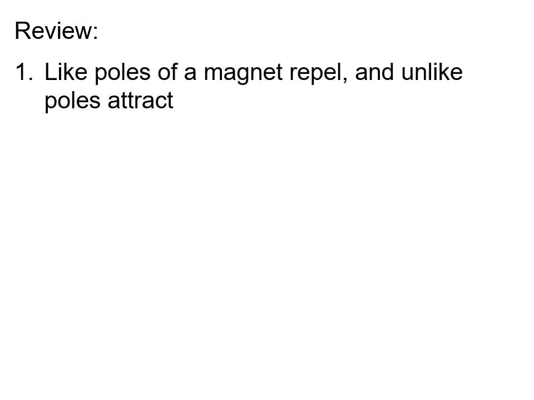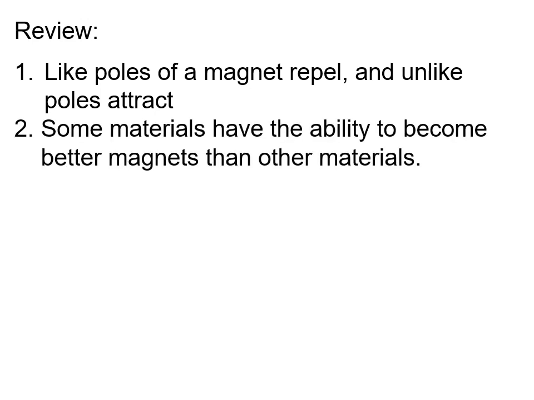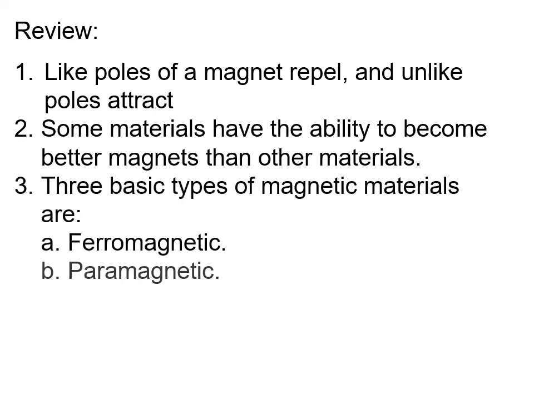So let's do a quick review. With permanent magnets, or any magnet, like poles repel, and unlike poles attract. Some materials make better magnets than others. There are three categorizations of magnetic materials: ferromagnetic, paramagnetic, and diamagnetic.